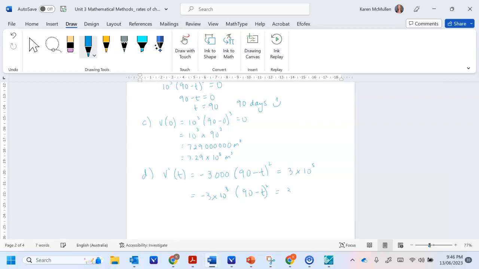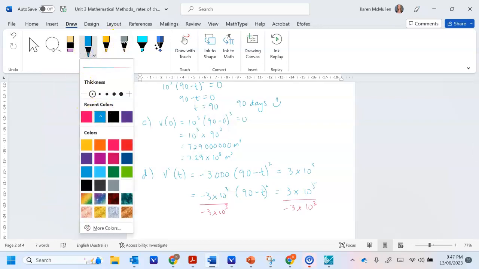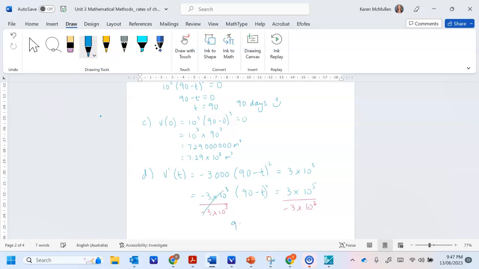All right, so just solving, I'm going to divide both sides by -3 times 10 to the power of 3. All right, so they cancel. So we're left with 90 minus t squared. And again, you could just do this on your calculator.